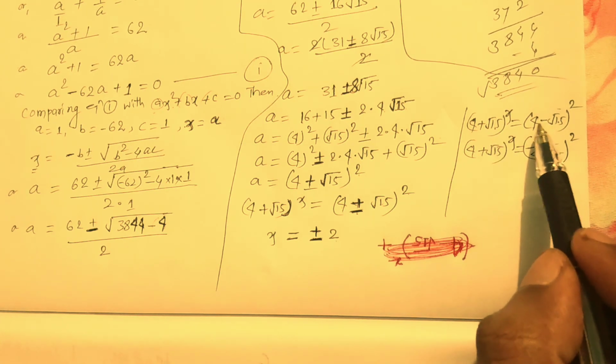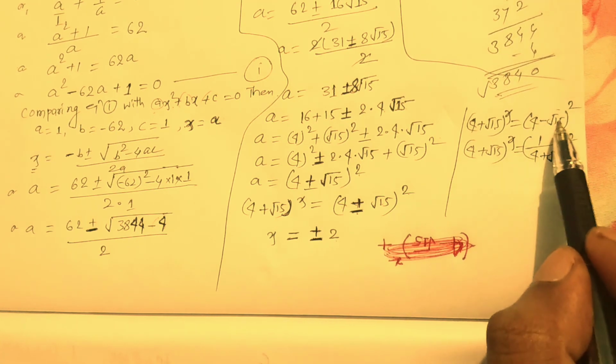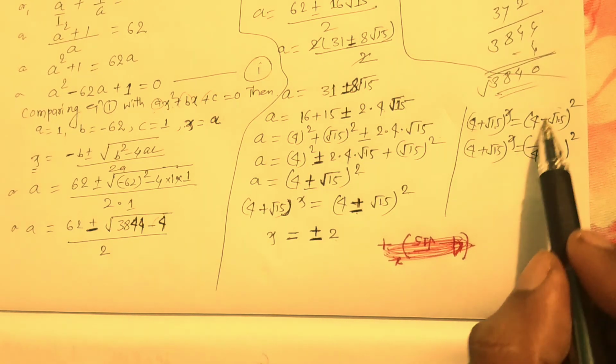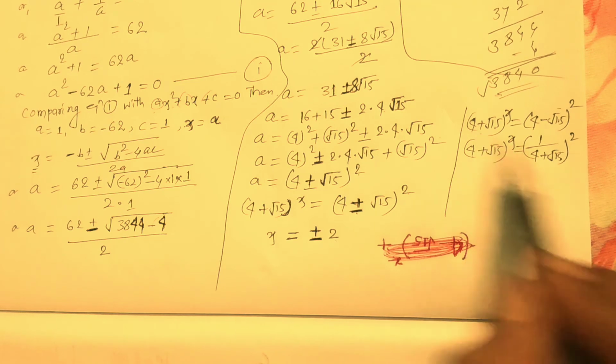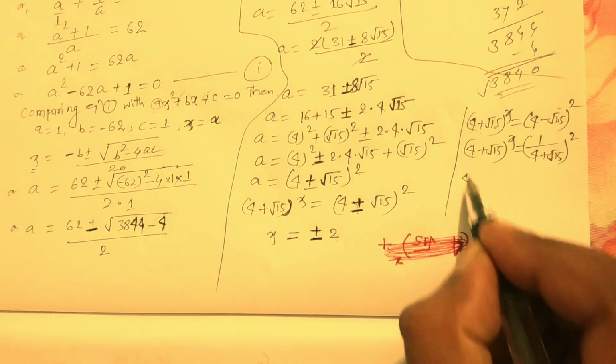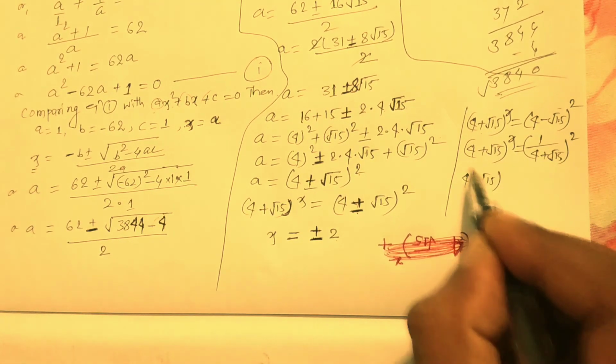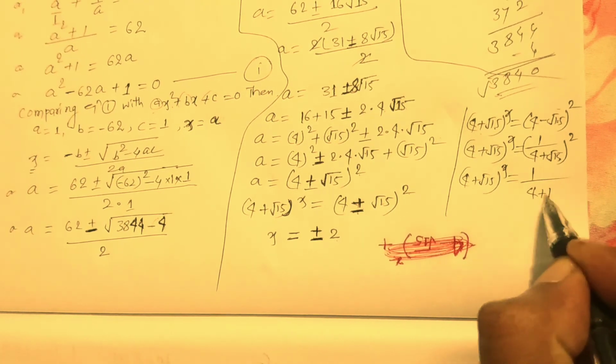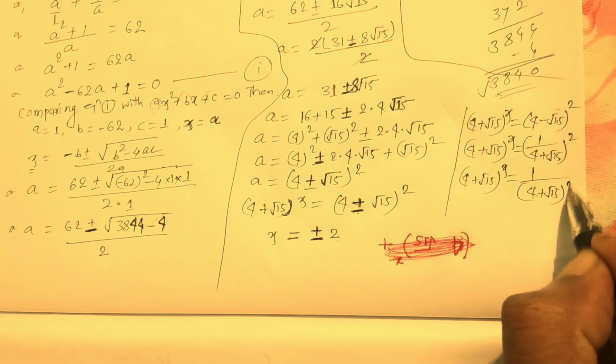So I have written 4 minus root of 15 as 1 by (4 + root of 15) because it is the reciprocal. Now we got (4 + root of 15)^x is equal to 1 by (4 + root of 15)².